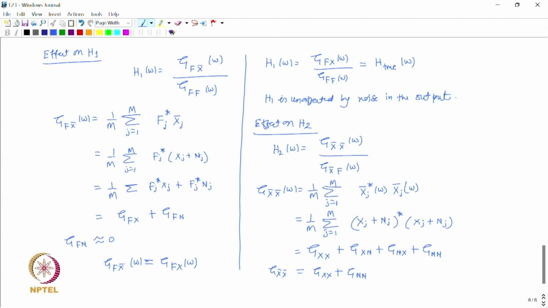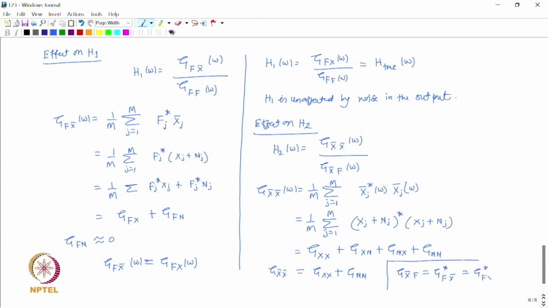And what about Gx bar f? Now Gx bar f is the cross spectrum of the measured signal x bar and the force signal, and this is nothing but the complex conjugate of Gf x bar. We already determined that Gf x bar is essentially equal to Gfx.